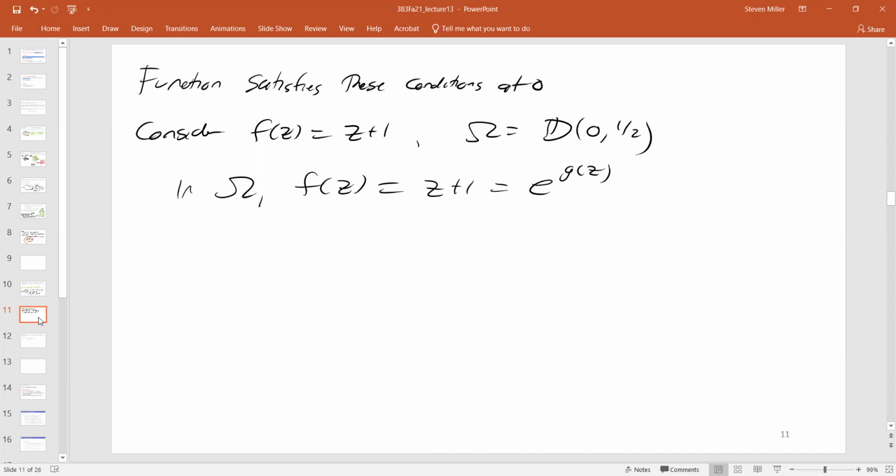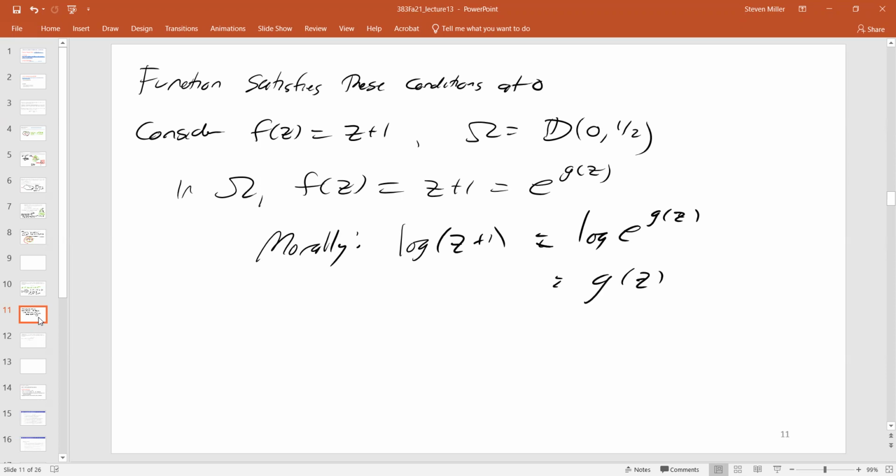So that's what we want. Basically, it should be the log of z plus 1. So morally, the log of z plus 1 is the log of e to the g of z, which should just be g of z. So what we really want is a region where we can define a logarithm. The earlier theorem gave us an example of where we can define logarithms.